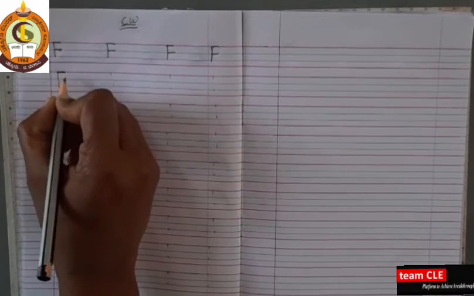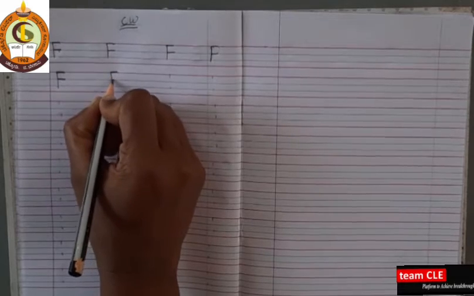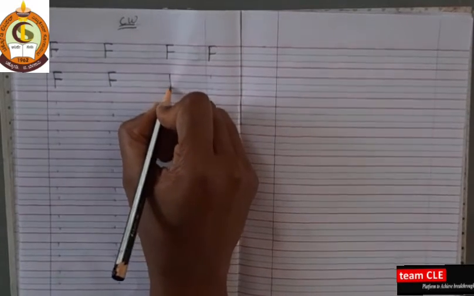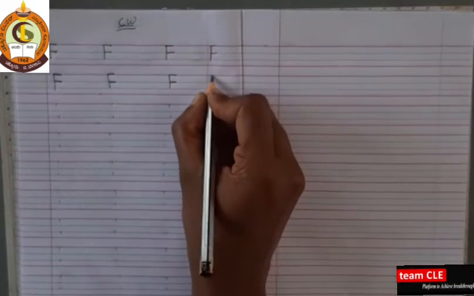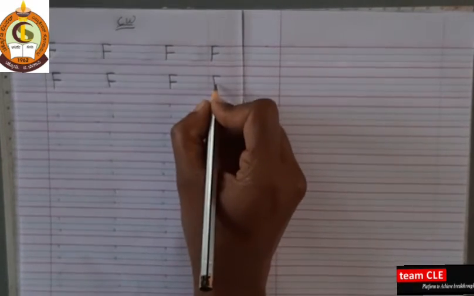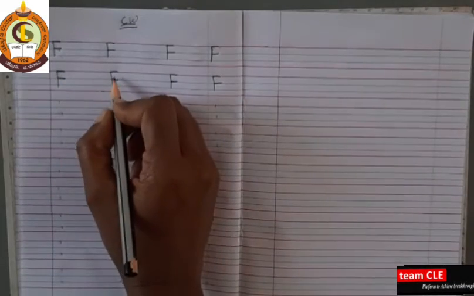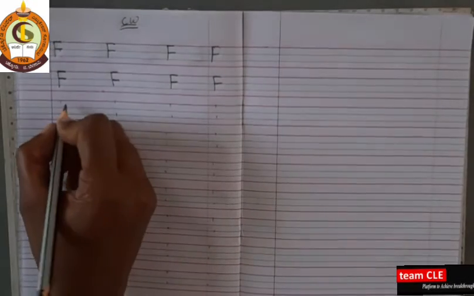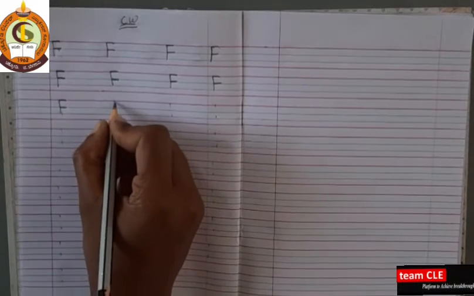F for fish. F for frog. F for flower. F for fan. So here standing line, two sleeping lines. Standing line, two sleeping lines. Is it? Yes. So next also write F for flower.